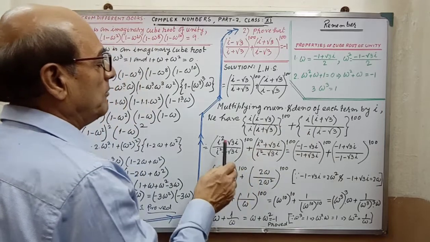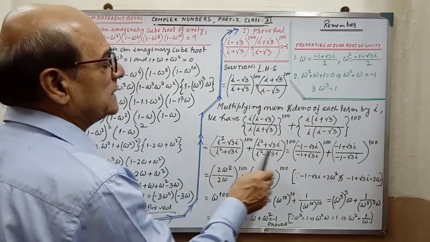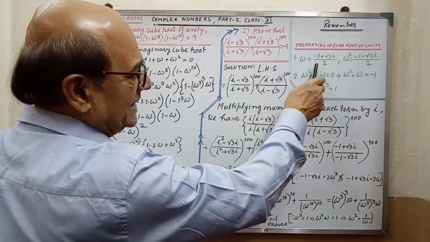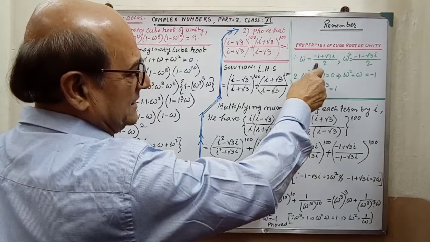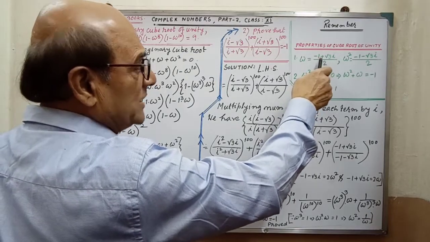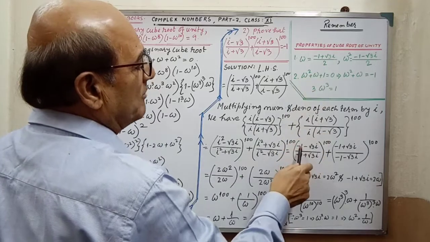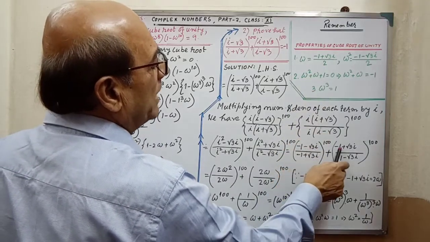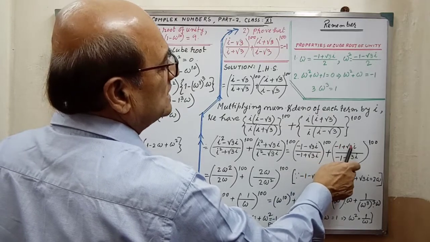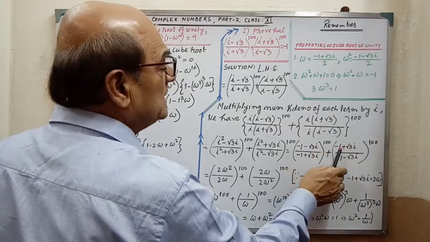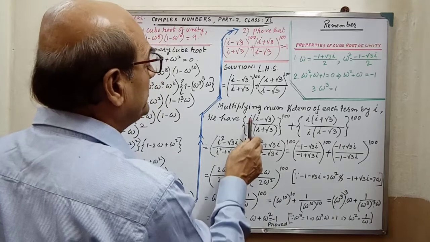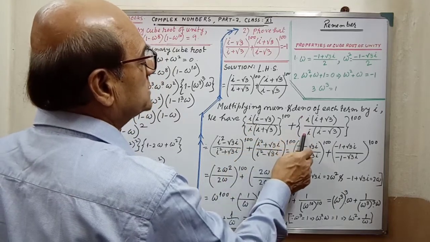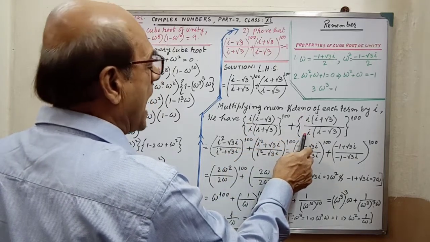Why multiplying? By multiplying we are getting the frame of the formula, that is this minus 1 plus root 3i, minus 1 minus root 3i, minus 1 plus root 3i. For getting this frame, we have to multiply both the terms by i.